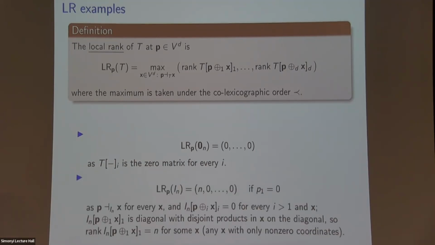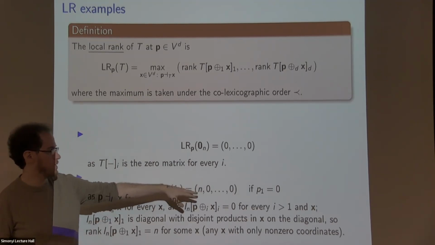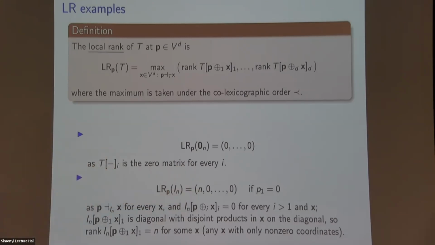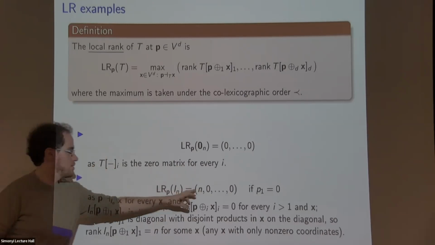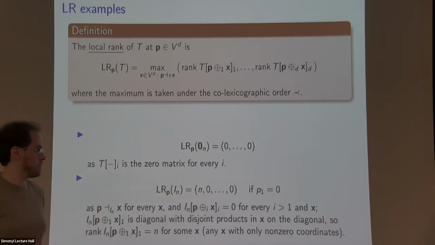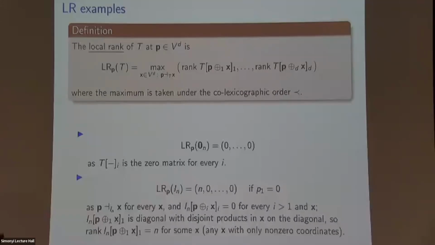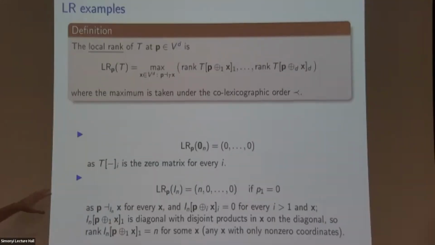And maybe if I look at the identity tensor, the n by n by n identity tensor, it's actually a bit tricky to analyze the local rank because it very much depends on which point you're talking about. But if I make my life easy and just choose the point P to be any point where the first component is the 0 vector, then it's not hard to see that all the components except the first are just 0. You can take my word for it, but it's easy to check.